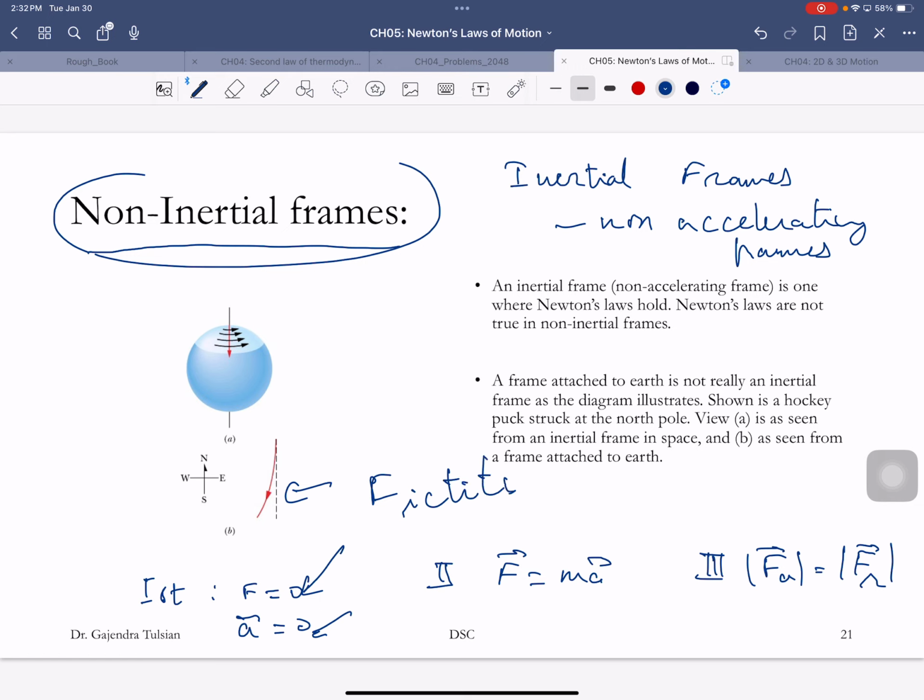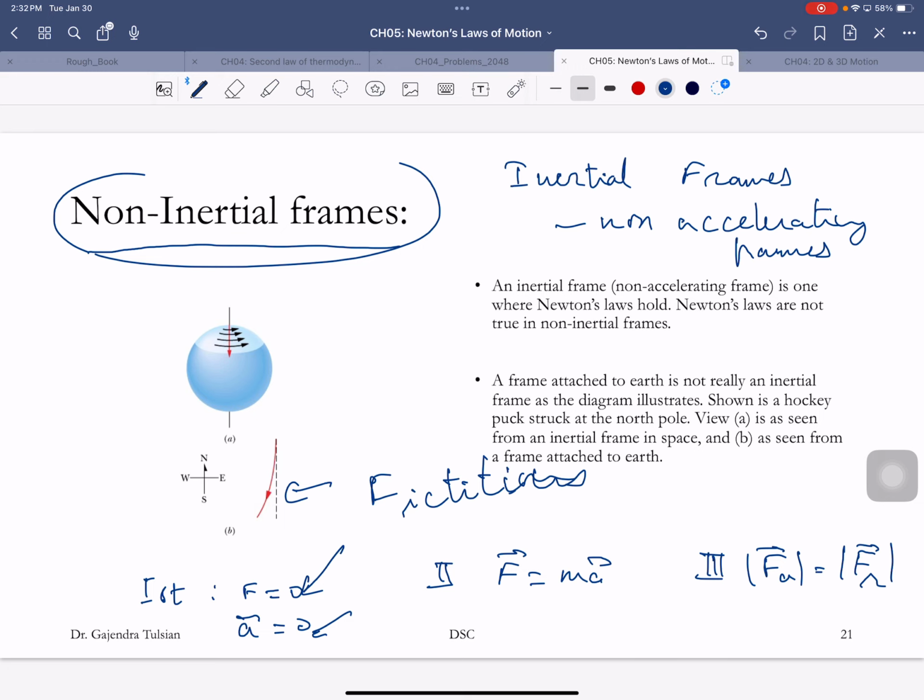You're saying, oh, there must be a force acting on it, that's why it curved. And the Coriolis force is a fictitious force. So when you try to apply Newton's laws from a non-inertial frame, you have to come up with a fictitious force to explain things.